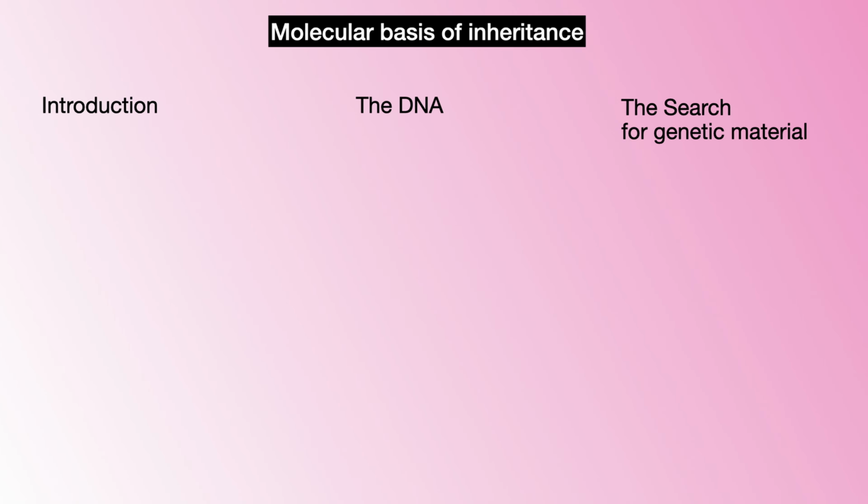From this, they separated proteins, RNA, and DNA. They treated live R strain with these molecules separately to see which of these can transform R strain to S strain. They found that DNA was responsible for converting R strain to S strain.